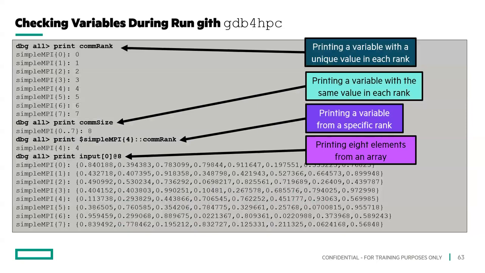So the syntax for printing an array, is that GDB syntax? Let's say I have a Fortran code. Is that going to be exactly the same syntax? Excellent question. I need to check on that. In fact, this example was taken from the code that we're going to use in the lab, and I don't do programming every day.